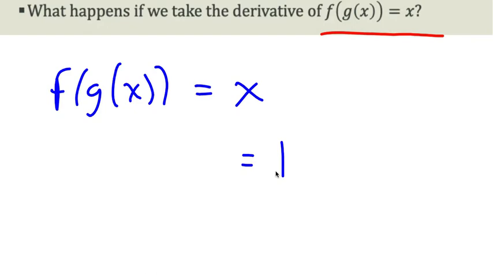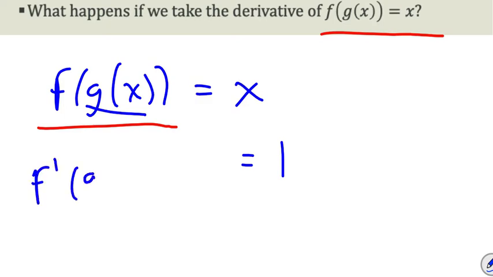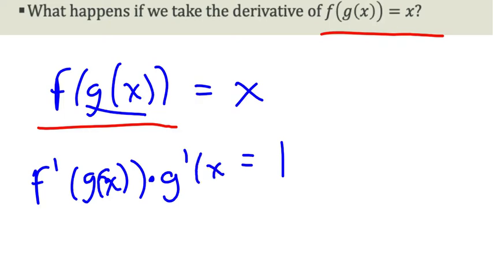On the left-hand side, we have a function, g of x, inside of a function, f of x, so we have to use the chain rule. We take the derivative of the outside, f prime, and leave the inside the way it is, x, and then multiply that by the derivative of the inside, which is g prime of x.